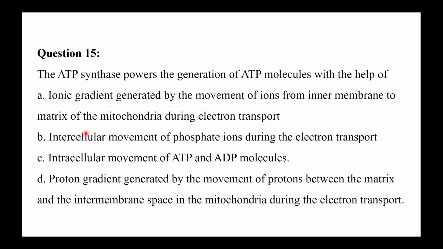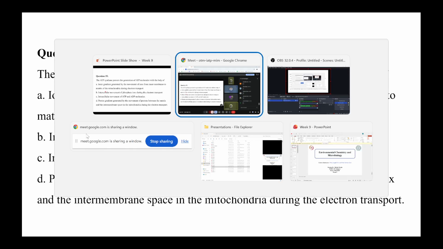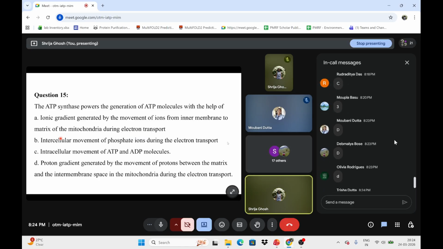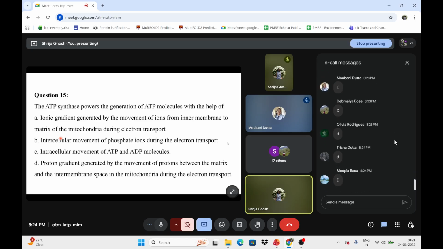We have already discussed this, so all of you should be able to answer how ATP synthase is getting power to generate ATP. I have already explained this to everyone. I still have only 5 people answering out of a class of 18 or 19.